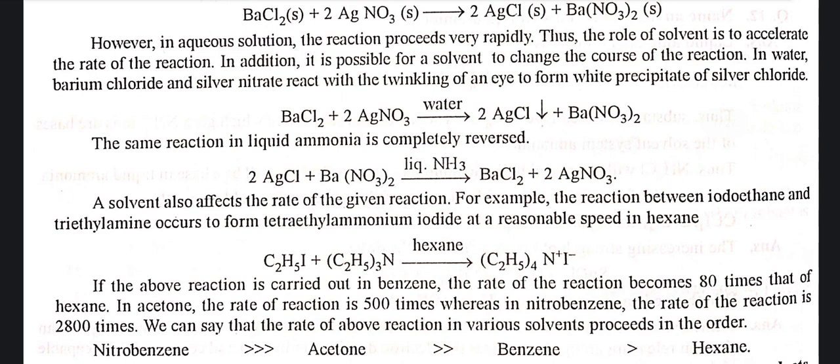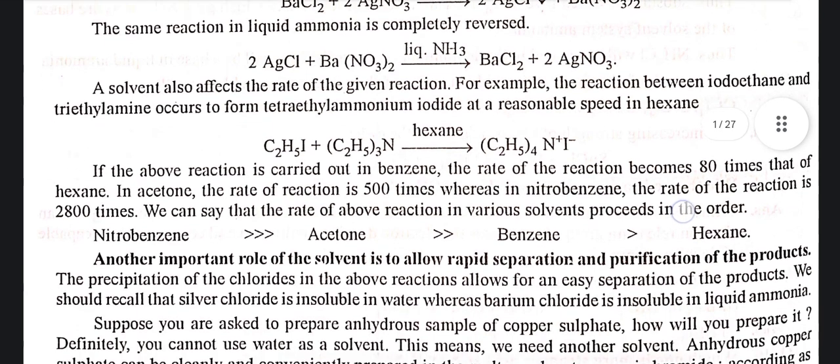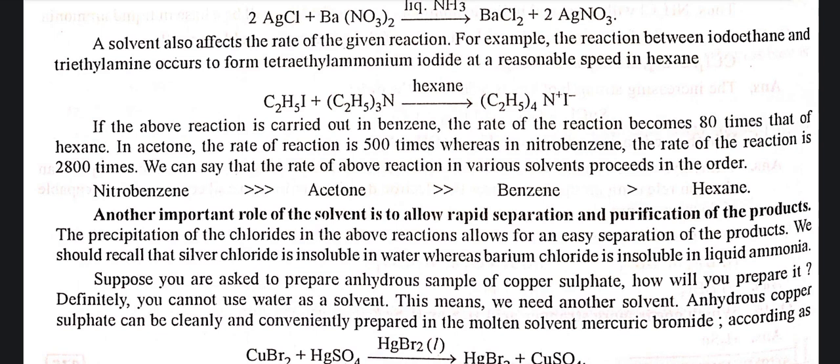A solvent also affects the rate of a given reaction. For example, the reaction between iodoethane and triethylamine occurs to form tetraethylammonium iodide at a reasonable speed in hexane. If the above reaction is carried out in benzene, the rate of the reaction becomes 80 times that of hexane.